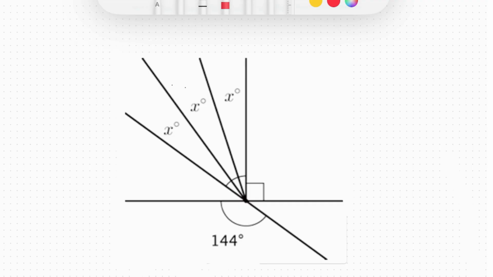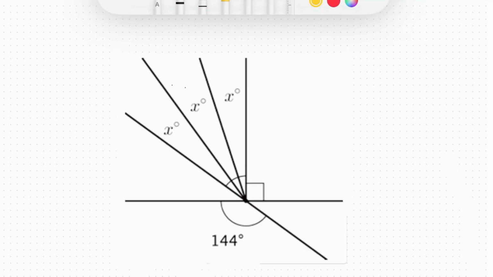So, right off the bat, we can already use one of the angles we discovered, which is either this supplementary angle or this supplementary angle. You can choose, because we've been given this 144.